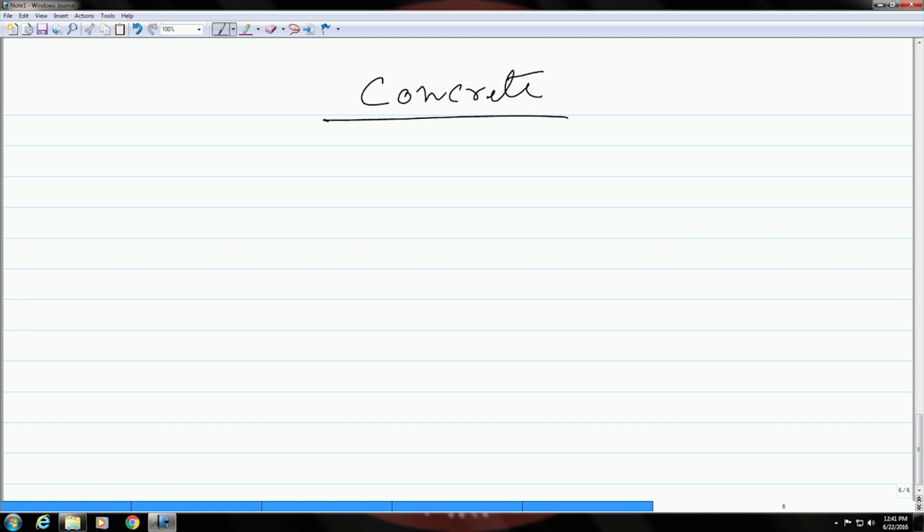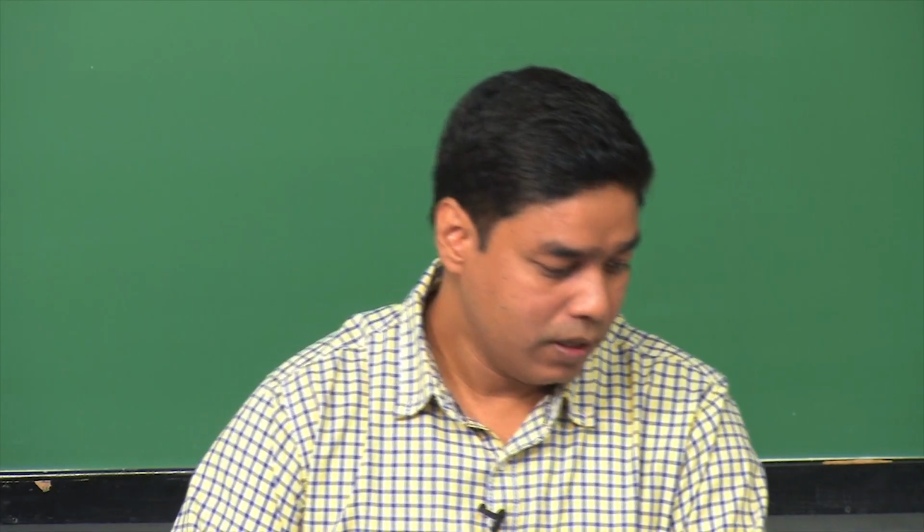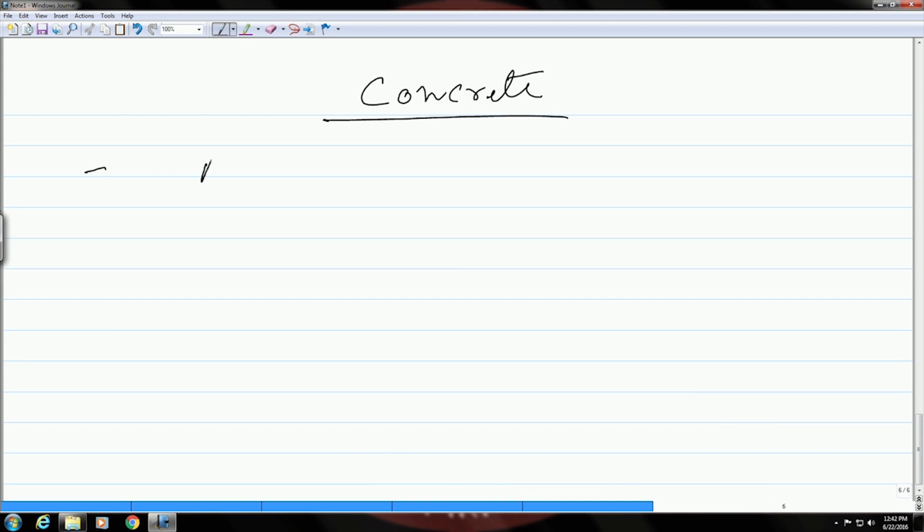So, there also when it is loaded, different kinds of phenomena can happen which can lead to generation of these stress waves or acoustic emissions. For example, there also it can crack. So, you can have micro and macro cracks.